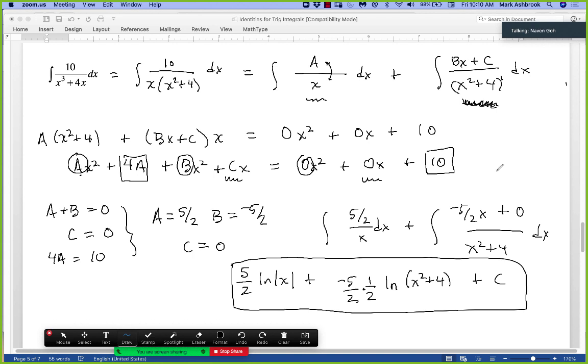So just to clarify what I just heard: if this was x squared plus 4 to the 4th power, you would still treat the top like it's linear. Yes. If you have a power, it's just considered the degree of the polynomial.